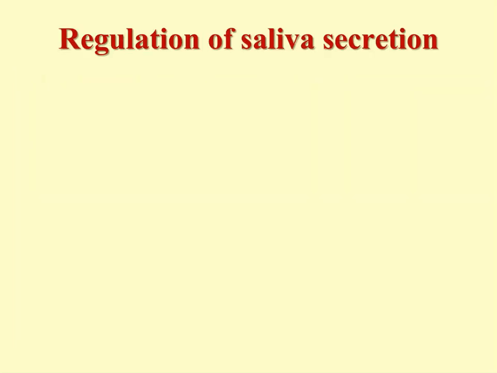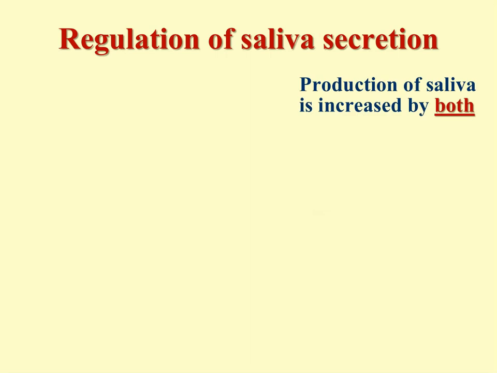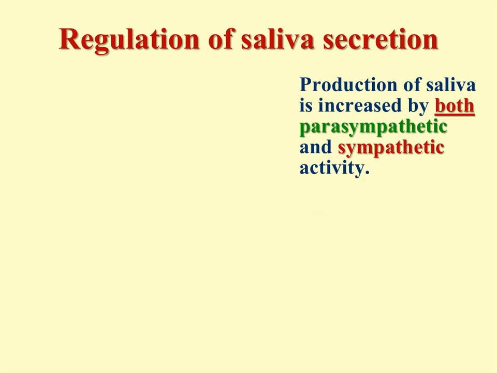Now, regulation of saliva secretion. Actually, here we remember from the autonomic nervous system that there is no full antagonism of action of the two parts of the autonomic nervous system. Both parasympathetic and sympathetic systems actually increase saliva secretion, but of course the degree is very different.